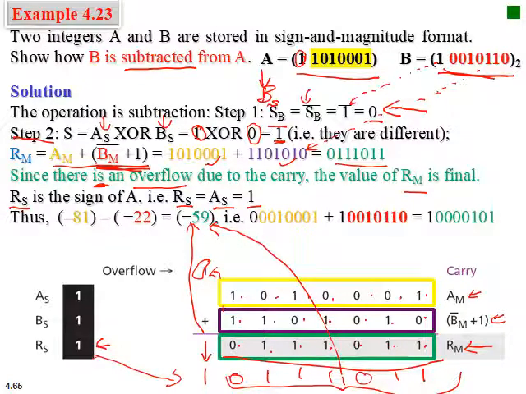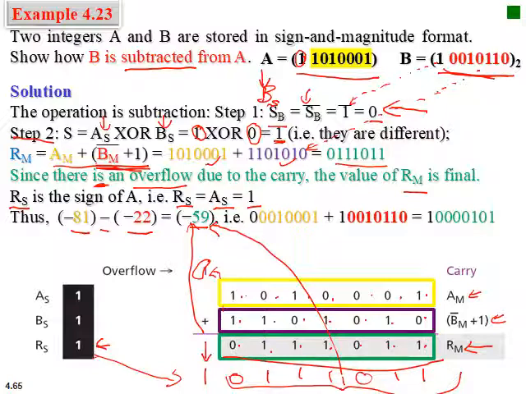And if you would go and do these calculations, you'd have seen that this is an example where we had negative 81 subtracting negative 22. That effectively in mathematical terms means minus 81 plus 22, which gives us minus 59, and which is shown in the result below.